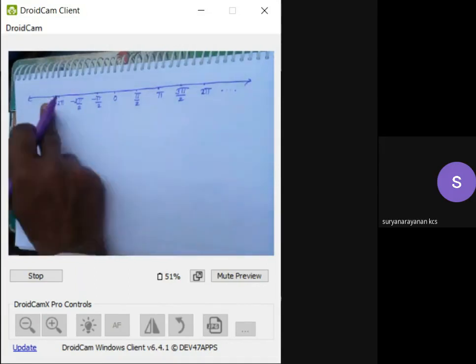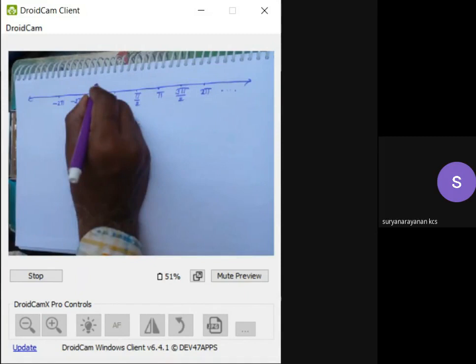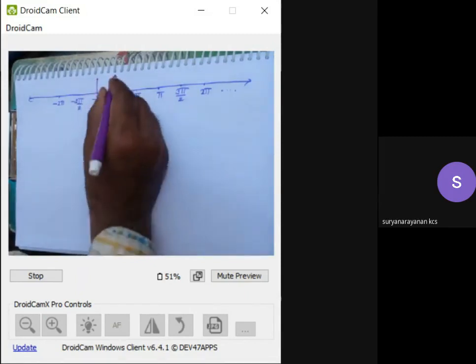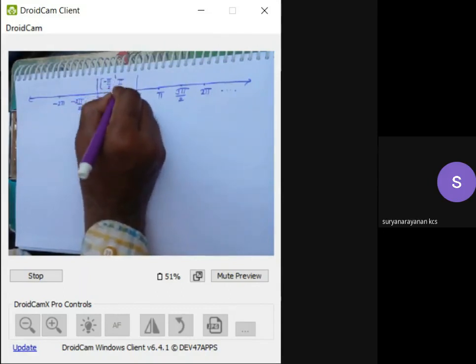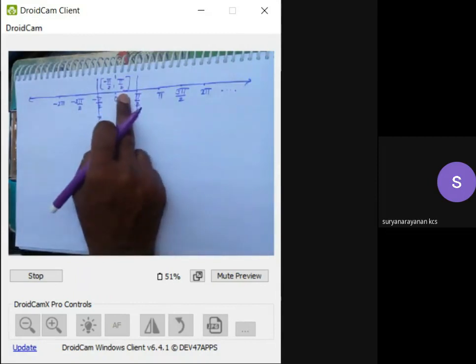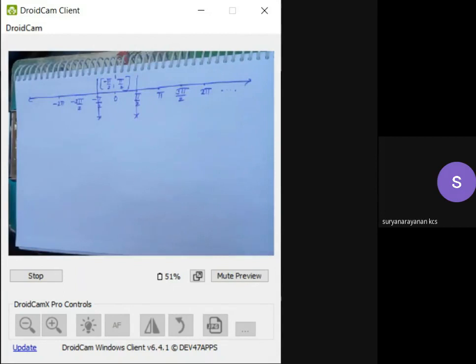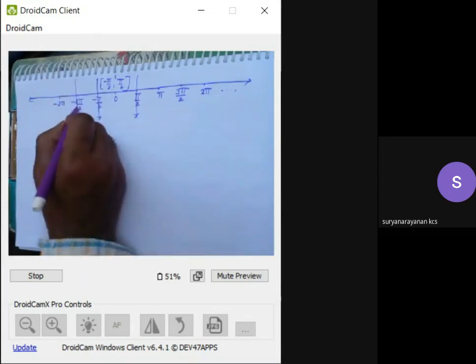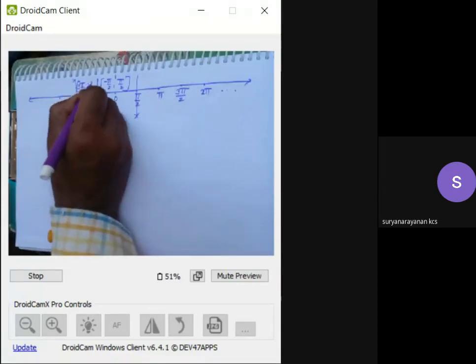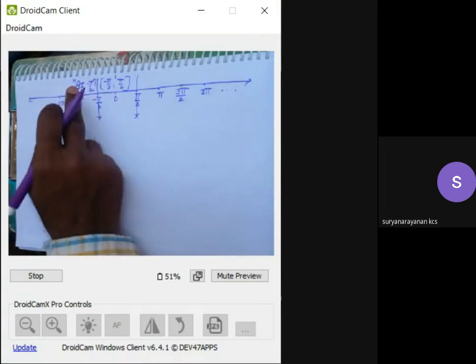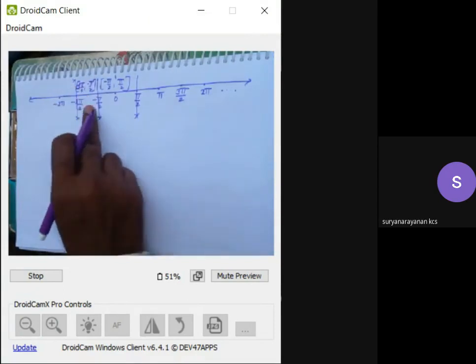Suppose you divide this real number line into different intervals like this: the closed interval minus pi by 2 to pi by 2, similarly minus 3 pi by 2 comma minus pi by 2, and so on.